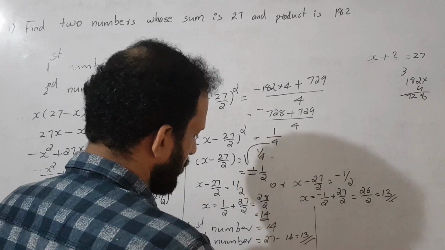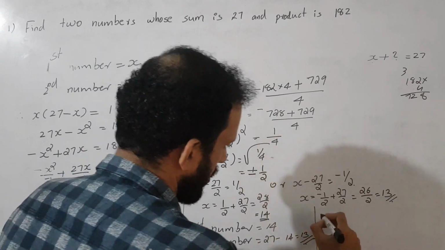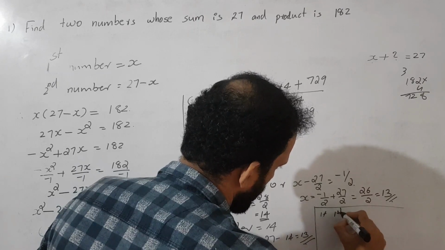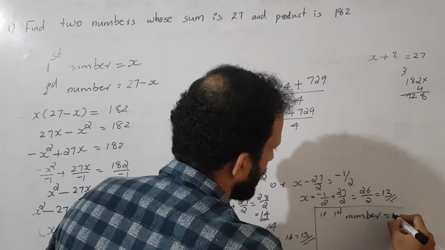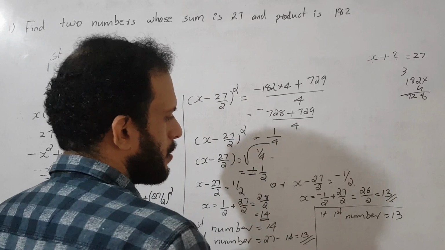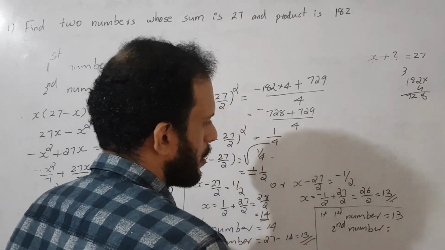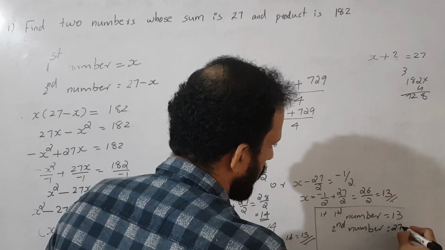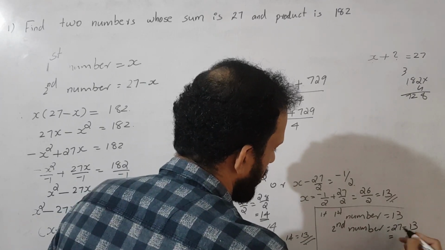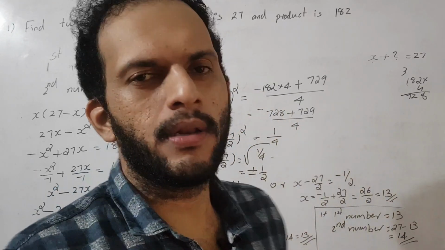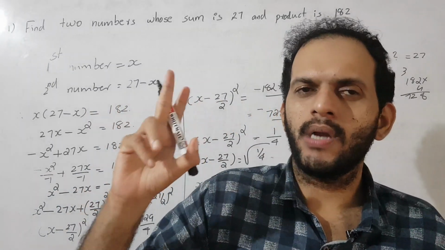We do not have the place here, so we write: if first number is equal to 13, that is the x value, second number is equal to 27 minus 13. What is 27 minus 13? That one is 14.